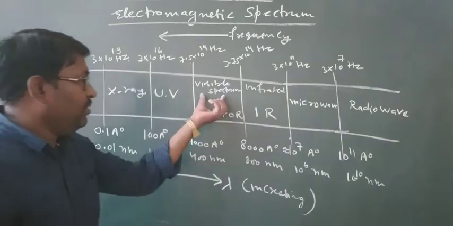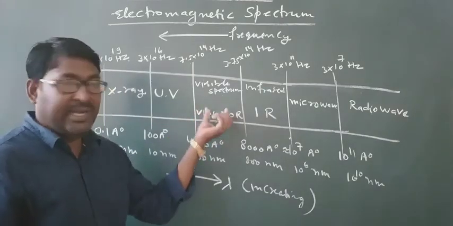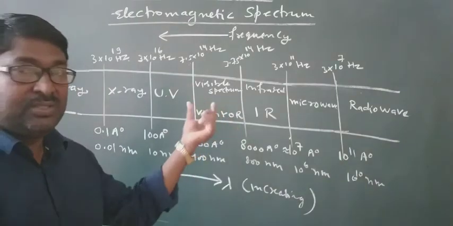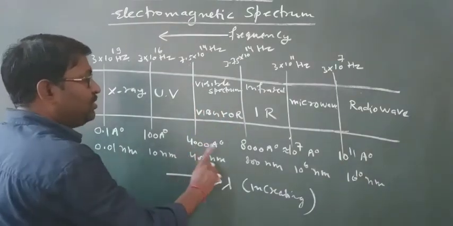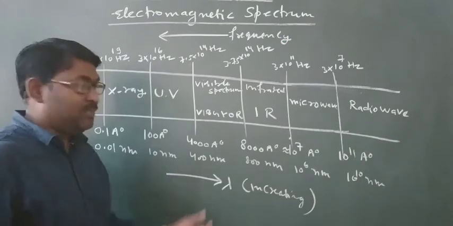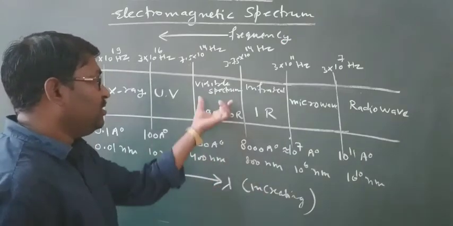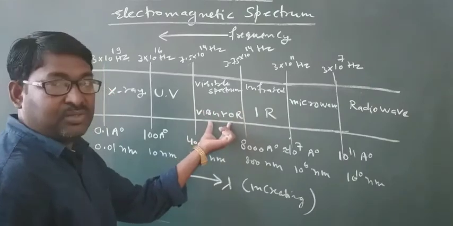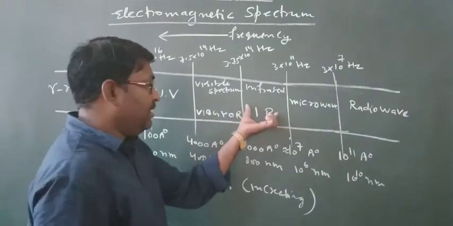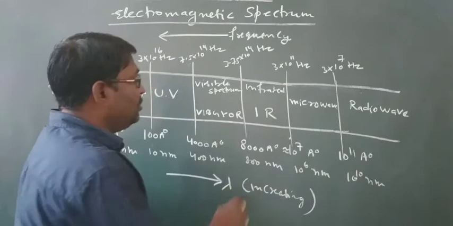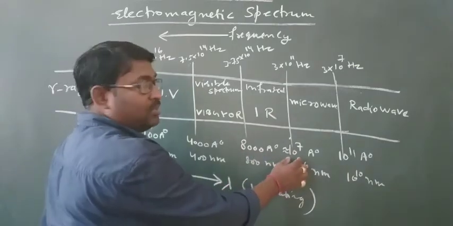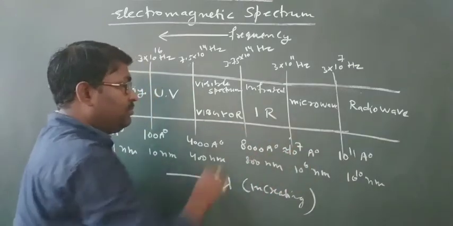And similarly, the visible spectrum, as you know, is a very thin range, from 4000 to 8000 angstrom, or 400 nanometer to 800 nanometer. Then infrared is 8000 angstrom to the order of 10 power 7 angstrom.